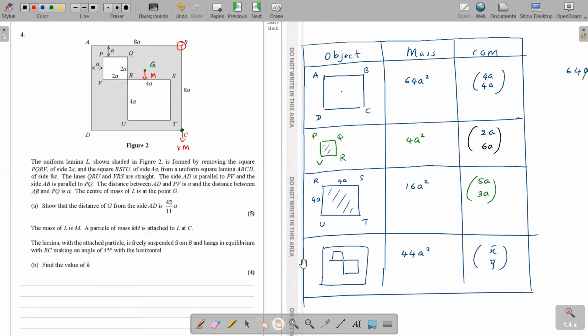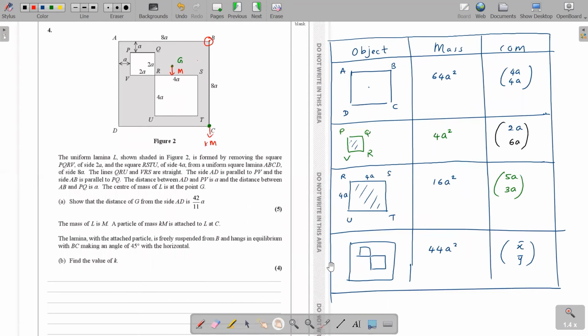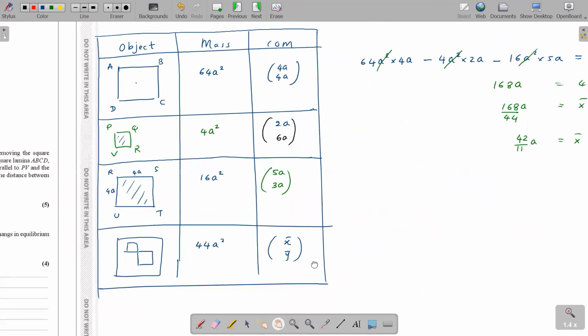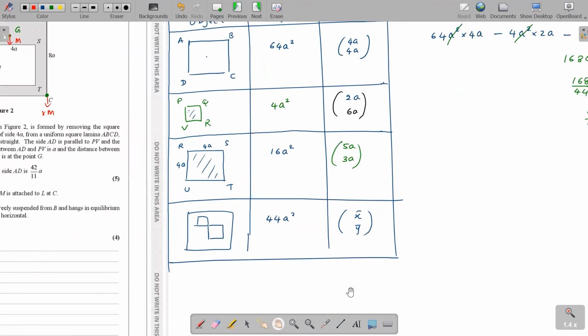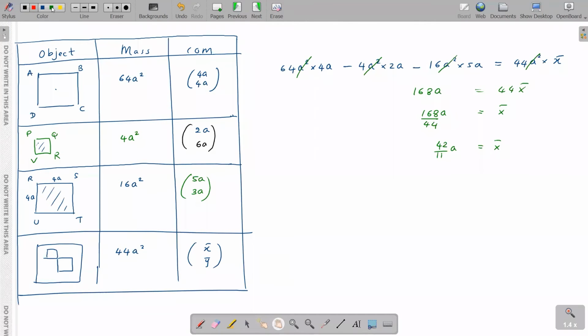First of all, before attaching Km, we found the center of mass x coordinate, right? Can you also find the center of mass y coordinate? Quickly.